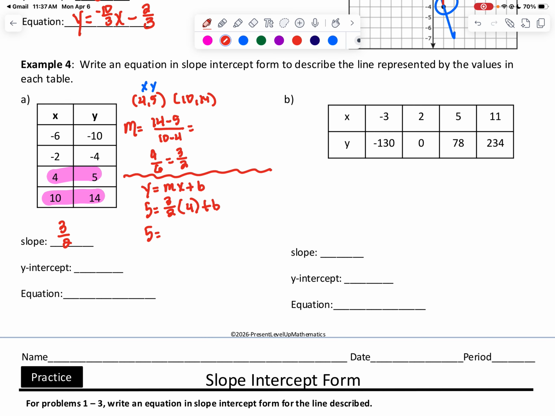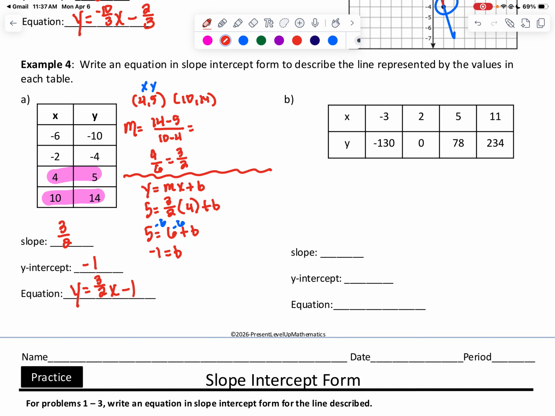So 5 equals 3 over 2 times 4, which would be 6, plus b. Subtract 6, and we get our y-intercept to be negative 1. So our equation is y equals 3 over 2x minus 1.